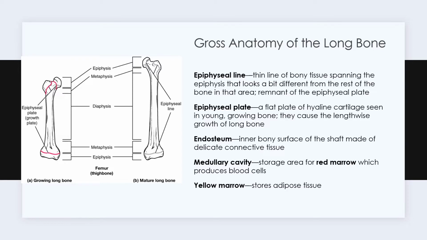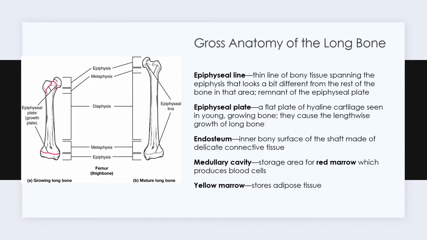The epiphyseal plate is a flat plate of hyaline cartilage seen in young growing bone, and it enables the bone to grow lengthwise as a person grows. So a growth plate. By the end of puberty, when hormones inhibit long bone growth, epiphyseal plates have become replaced by bone, leaving only epiphyseal lines to mark their previous location.